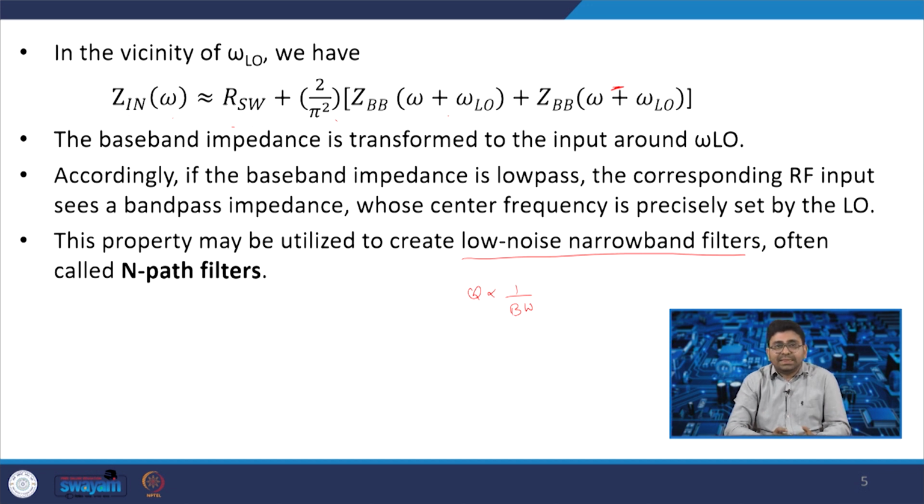That is why this approach helps to realize a filter at high frequencies. Another advantage of this kind of filter is that it is in the vicinity of omega LO. So if you change the LO frequency, your filter will also be tuned to that frequency. So it also adds reconfigurability in the filtering.